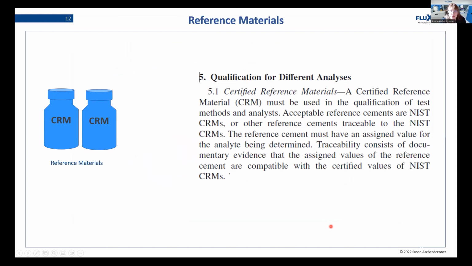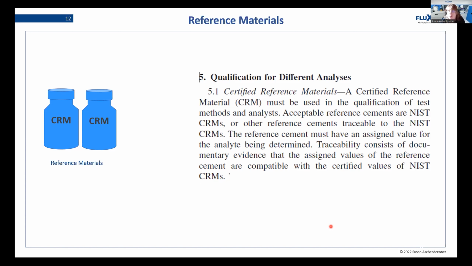In point 5 in this ASTM norm, there's qualification for different analysis, and there you have a whole point just treating certified reference materials. And here, the norm is kind of strict with what you are allowed to use as a reference material.